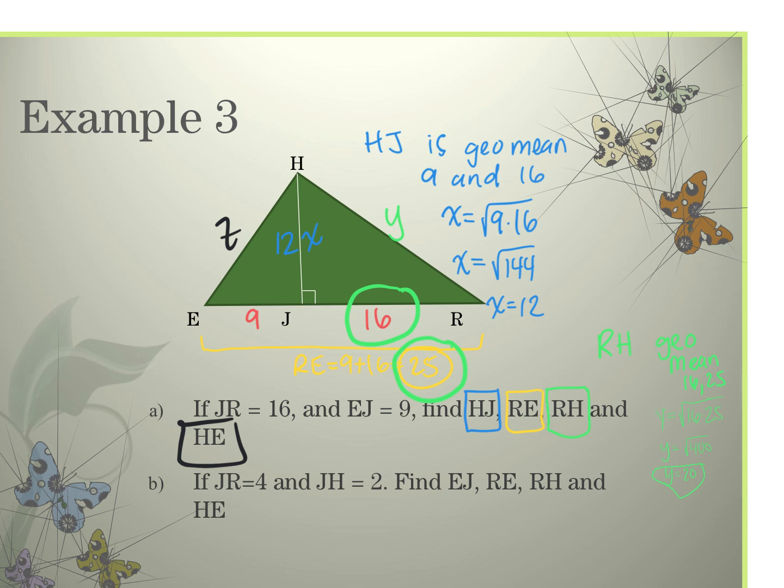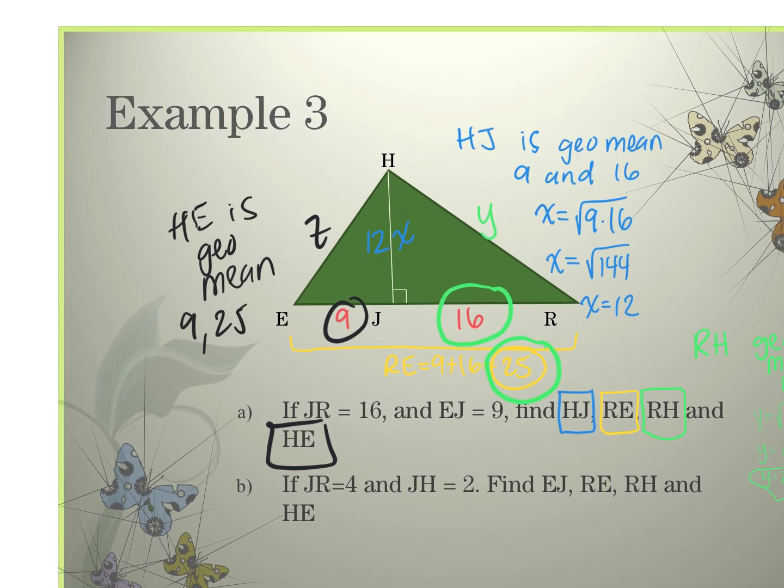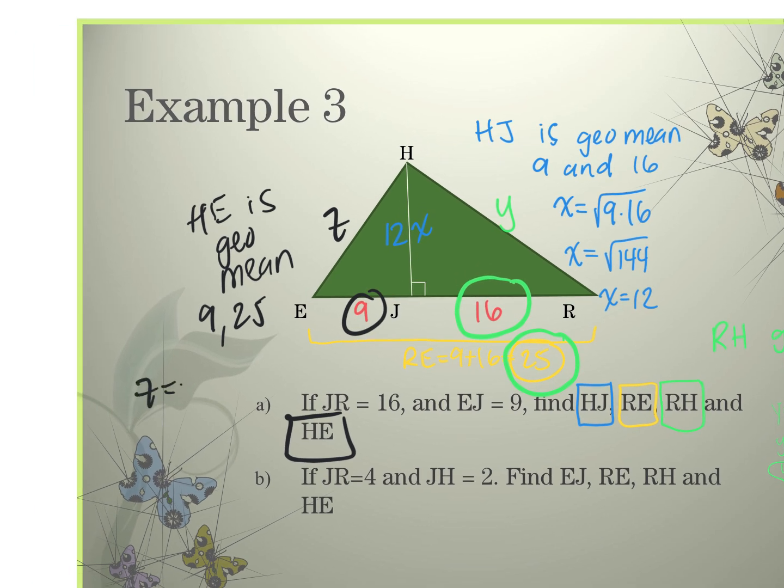And Z or HE is the geomean, and just like Dylan said, it's going to be the geomean of 9 and 25, because it's the adjacent segment, which is the 9 piece, and the whole thing, which is 25. So we're going to say z is equal to the square root of 9 times 25. And I believe you get z equals the square root of 225, which is 15.